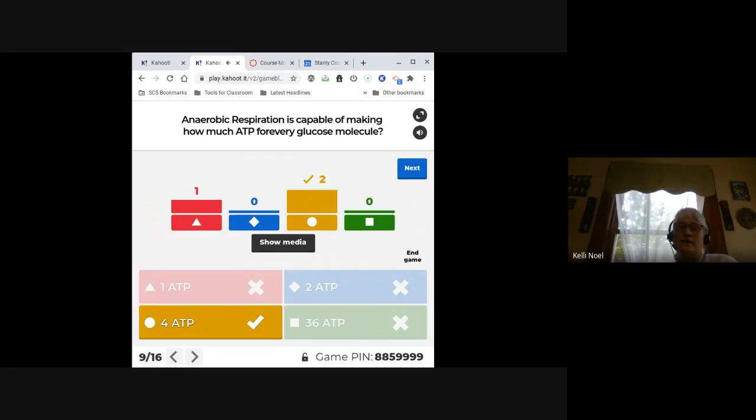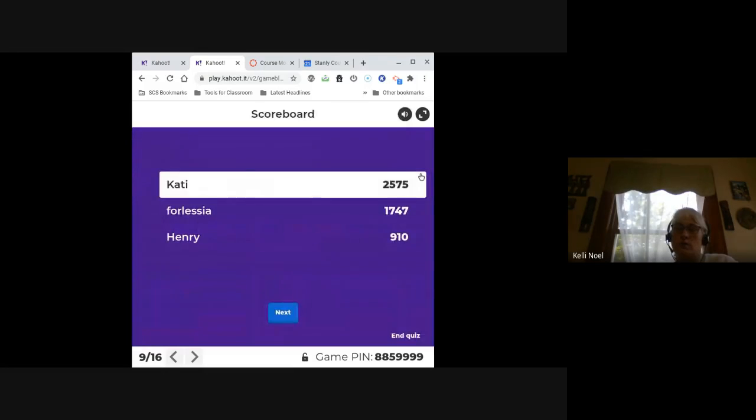So it makes 4. 2 may be used for the next process of glycolysis, so sometimes you may see 2 ATP there, but it actually makes 4. 2 just replenishes what it used in glycolysis, and then 2 is available for the cell.